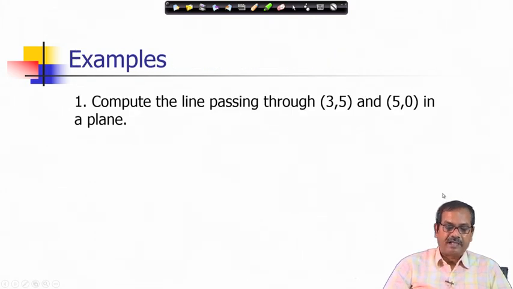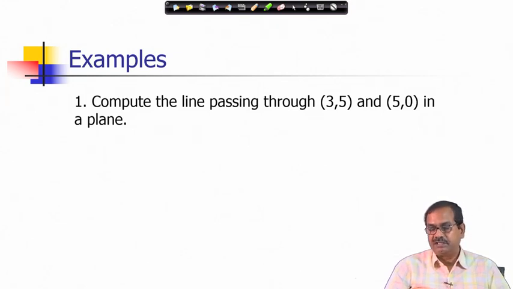One of the interesting applications is to find the straight line passing through 2 points by applying this method. We have learned this from simple coordinate geometry, but we can see that these computations can be very briefly summarized using the cross product in projective geometry. So, let us consider this problem: we need to find a line passing through the points (3, 5) and (5, 0) in a plane. Naturally, (3, 5) and (5, 0) are points in a 2-dimensional real space.